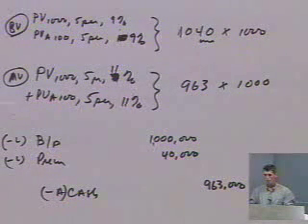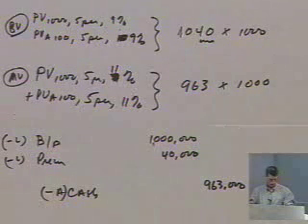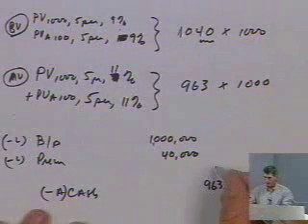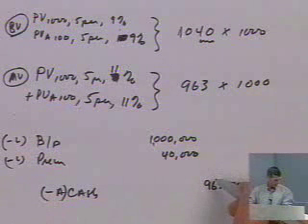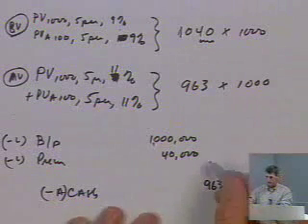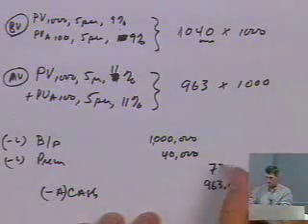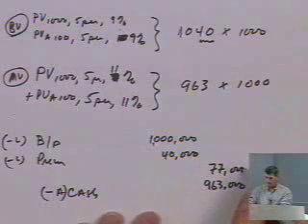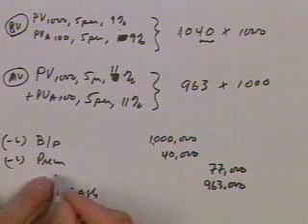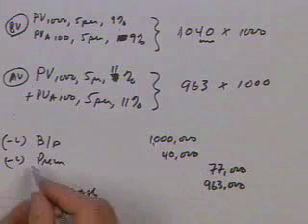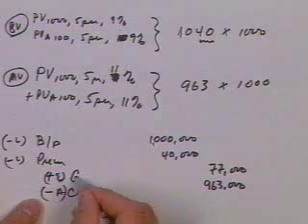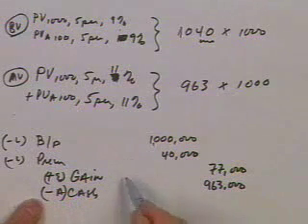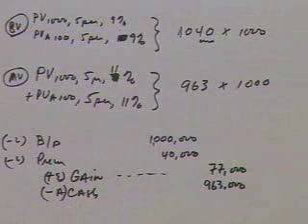Hence, what do we need to make this thing balance? The answer is, what we need is a credit right here, and the amount we need to make this thing balance is roughly 77,000. So 77,000 is the credit. What is that 77,000? That 77,000 is a credit, an increase in an equity account called gain, gain on the retirement of the bonds.